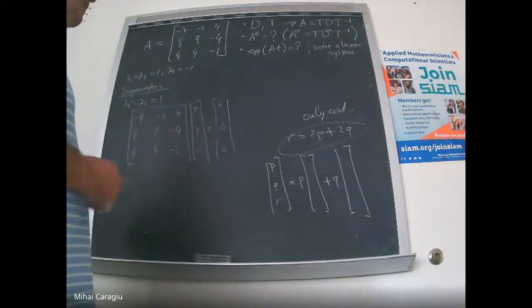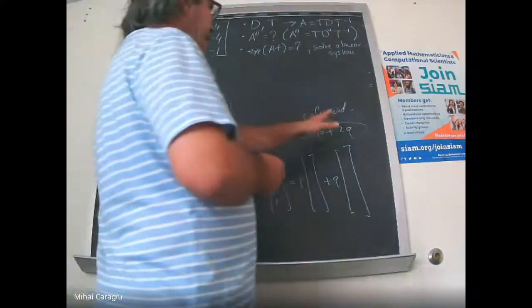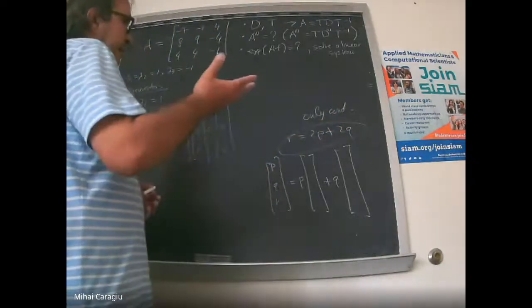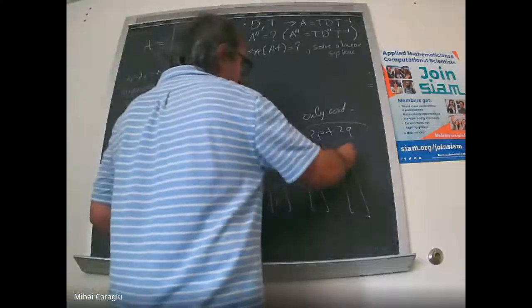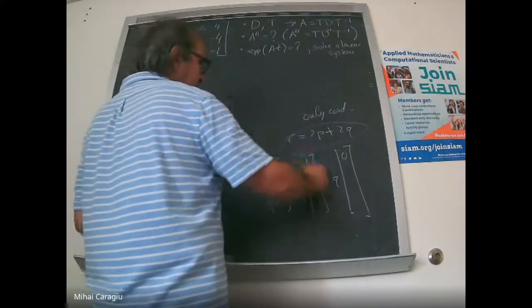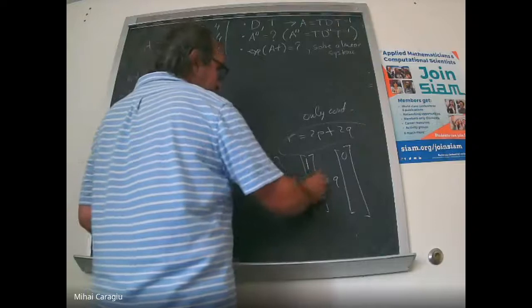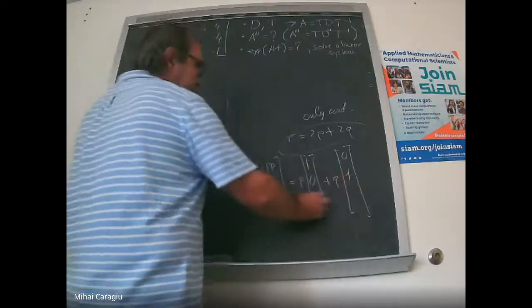Look at p and q as the two parameters, and r is expressed in terms of those parameters. So p equals to p times 1 plus q times 0. Q is q, so 0, 1 here. And r is 2p plus 2q.